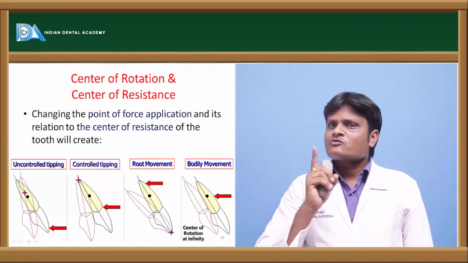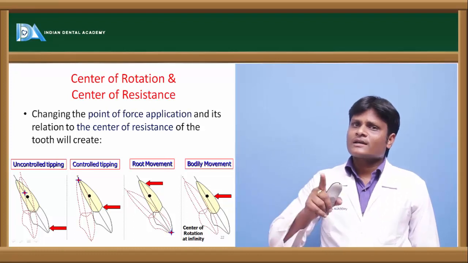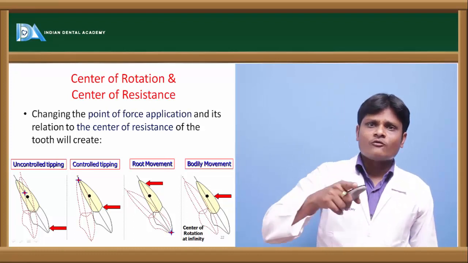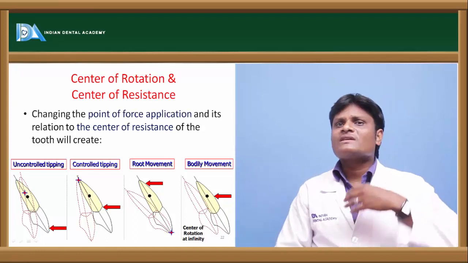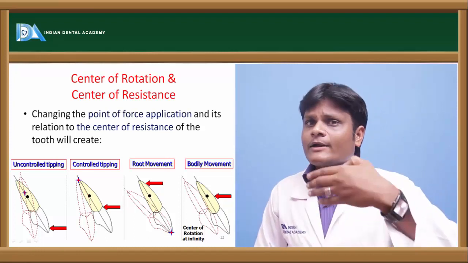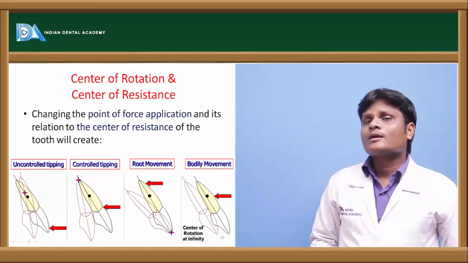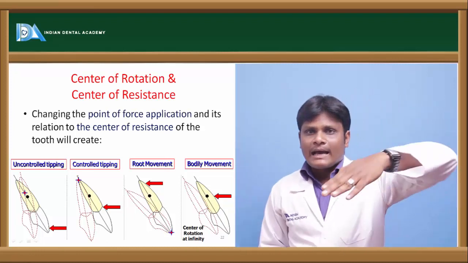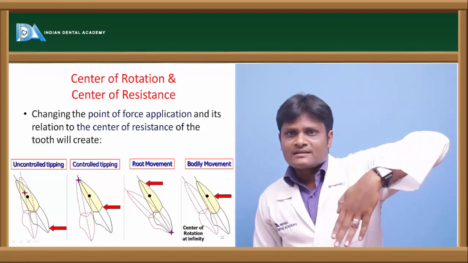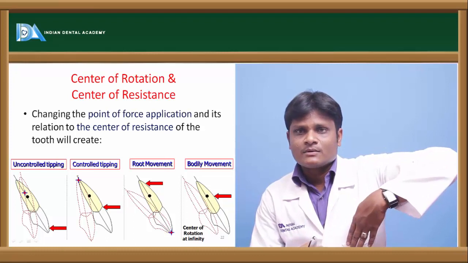So in response to these forces, we have the creation of moments as well as forces. The combination of tipping and torquing will ultimately lead to bodily movement. That means as the force decreases, the moment increases.